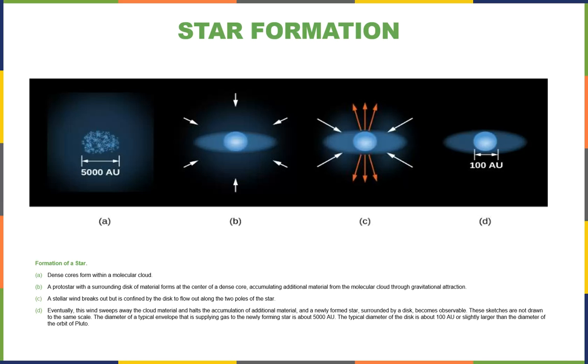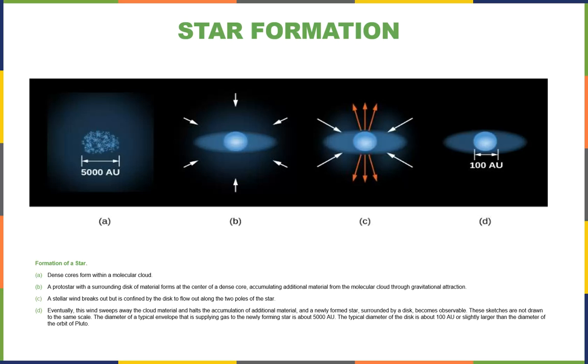So, solar nebula theory starts with a gas cloud. It's showing a gas cloud here, 5,000 AU. What does 5,000 AU mean to you? 5,000, like from Earth to the sun? Yeah, it's 5,000 times the distance from the Earth to the sun. If we compare that to our solar system, well, obviously it's 1 AU from the Earth to the sun.